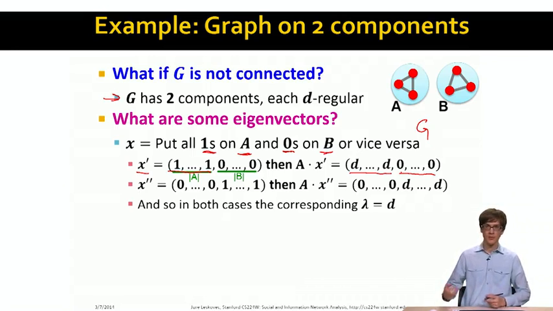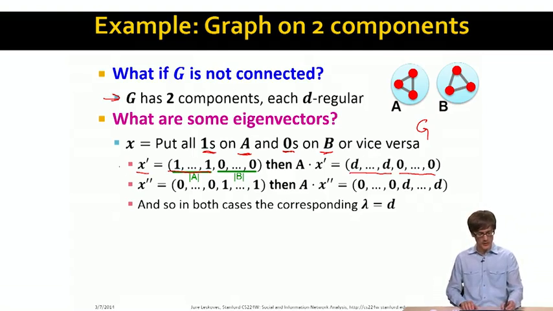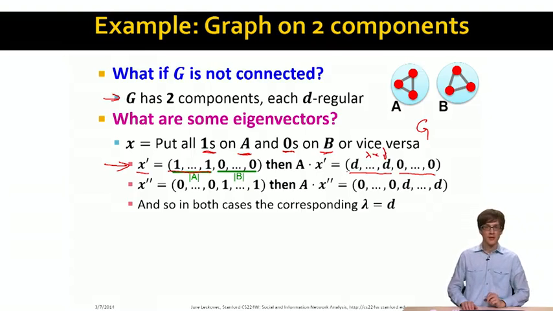In B, all the nodes have value 0, so when I sum them up, I get 0. So we again found an eigenpair: the eigenvalue is still d, and the corresponding vector is here.